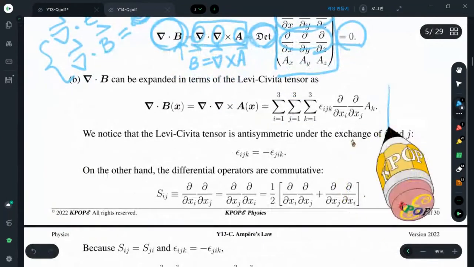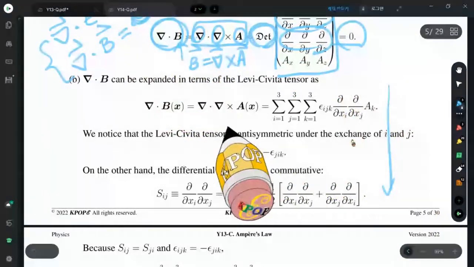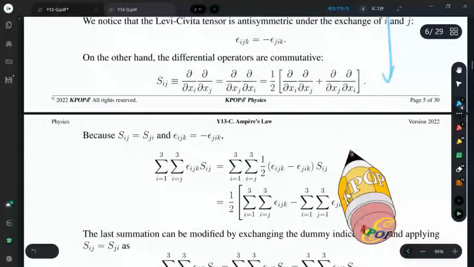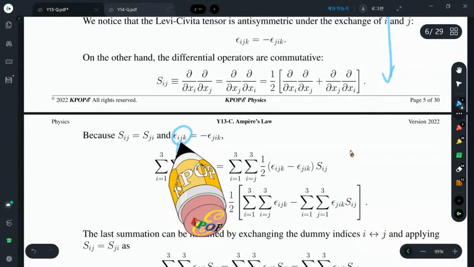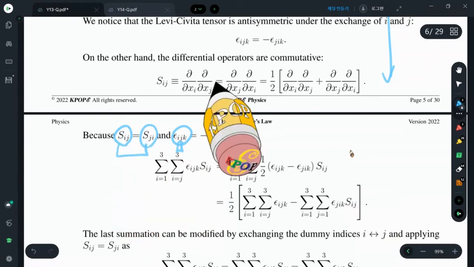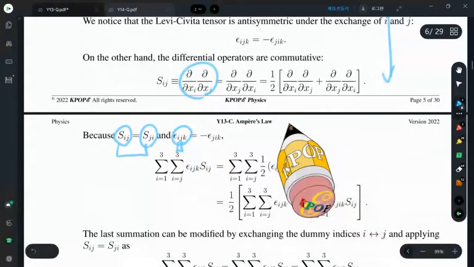And the other way to show that divergence B equals 0 is explicitly shown here by making use of the anti-symmetric nature under exchange of vector indices in the Levi-Civita, and the symmetry of the product of derivative operators.